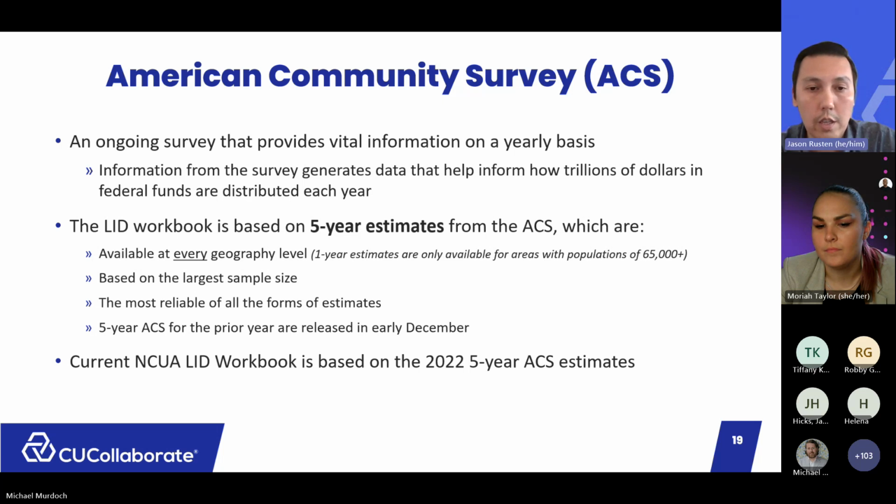The current NCUA LID workbook that they published at the end of June is based on those 2022 5-year ACS estimates. The ACS is updated every year, and so the LID workbook, or at the very least the NCUA's internal LID tool, is updated every year based on the latest estimates from the 5-year ACS.